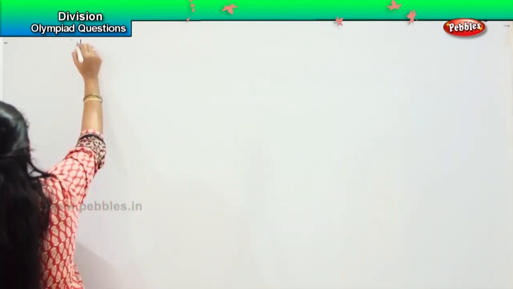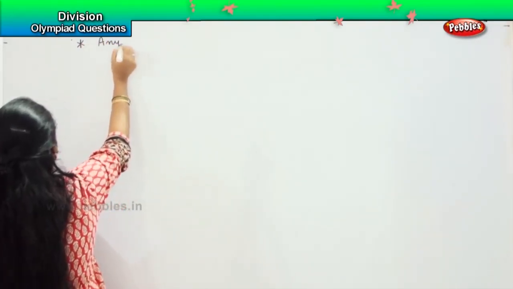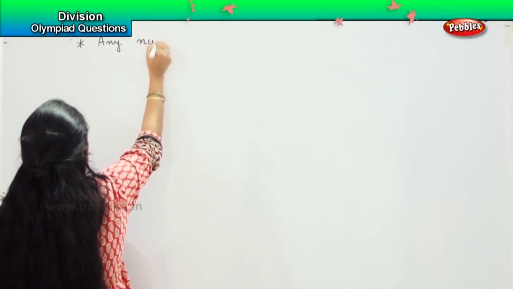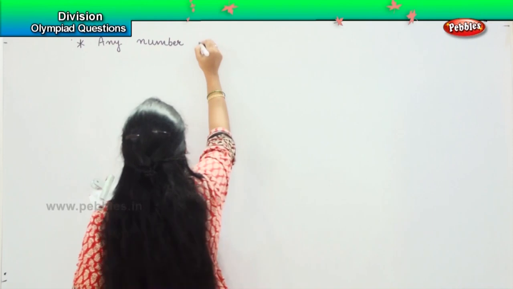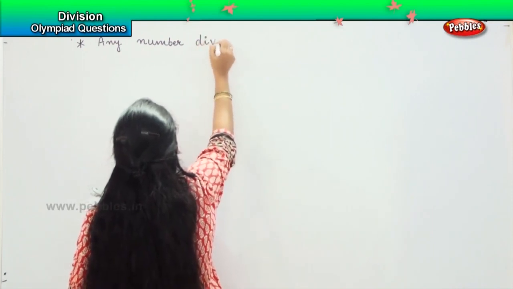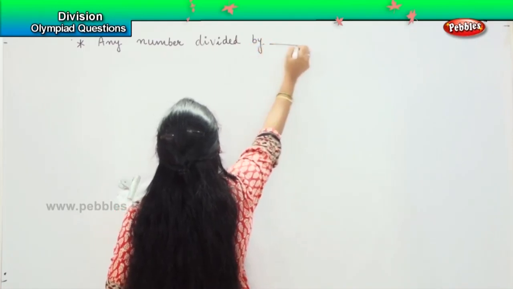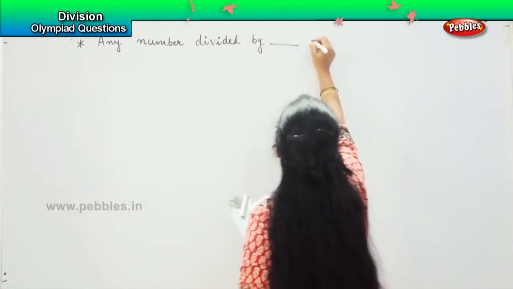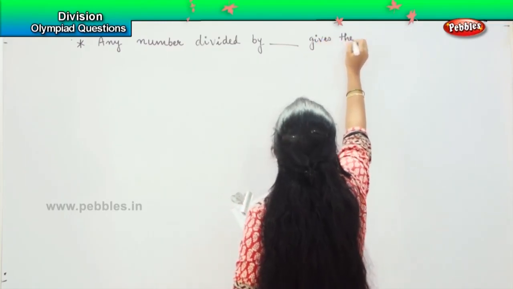Your first sum says: any number divided by dash gives the number itself.